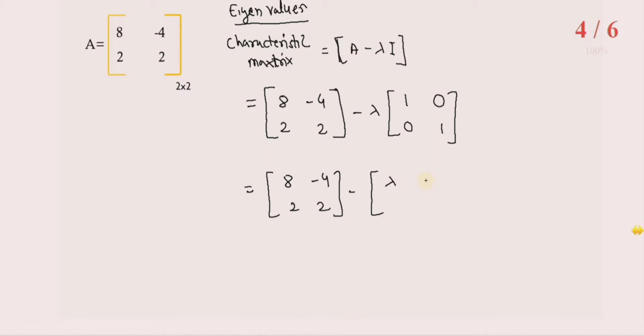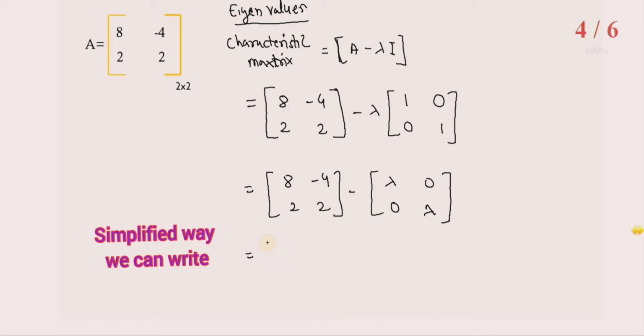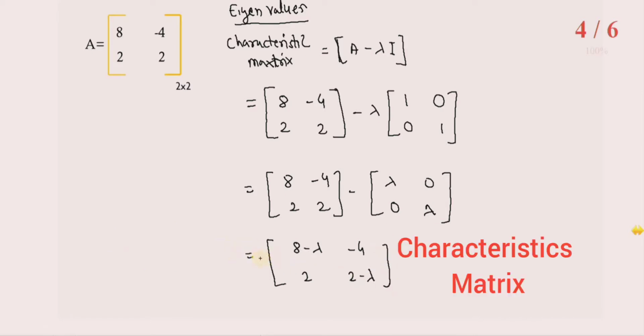So we are getting lambda 0 0 lambda. Now we can write this characteristic matrix like 8 minus lambda, minus 4, 2, 2 minus lambda. So this is our characteristic matrix.